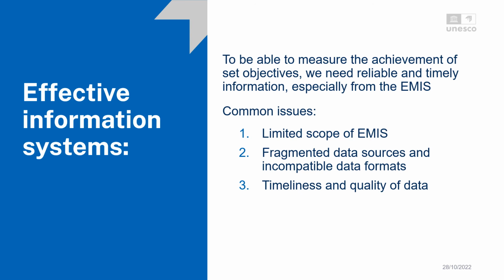First, the scope of the information system. It is often limited to the data obtained through the annual school census, with no data on, for example, classroom processes and management type and capacity, which may constrain the type of objective results to be selected. The integration of data, or fragmentation of data sources, is another problem often faced.